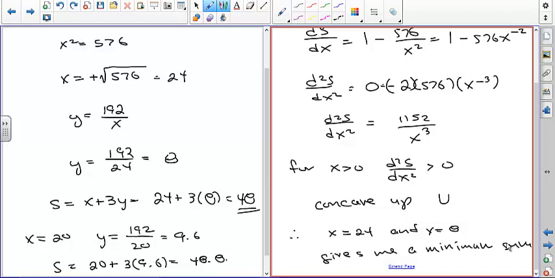Once you do that, you take the derivative of that expression with respect to the variable, set it equal to 0, and figure out the values of x or y that cause the derivative to be 0. And then you also look at the second derivative of that equation and see whether it's positive or negative, concave up or concave down.